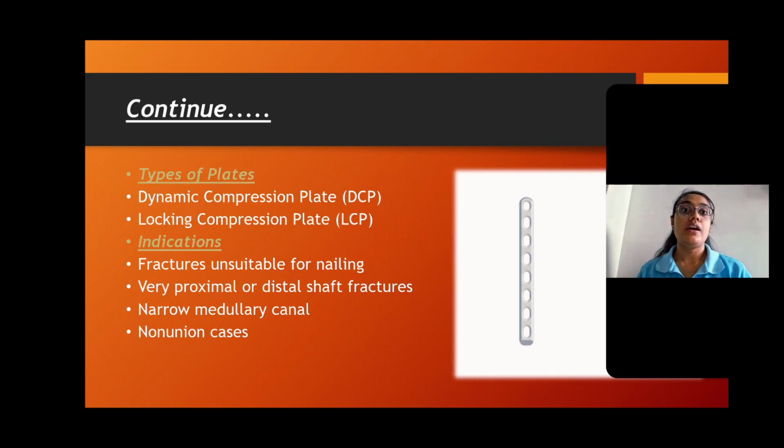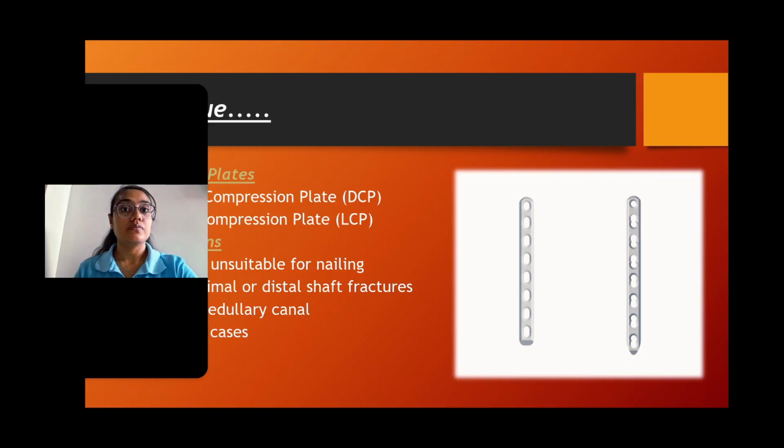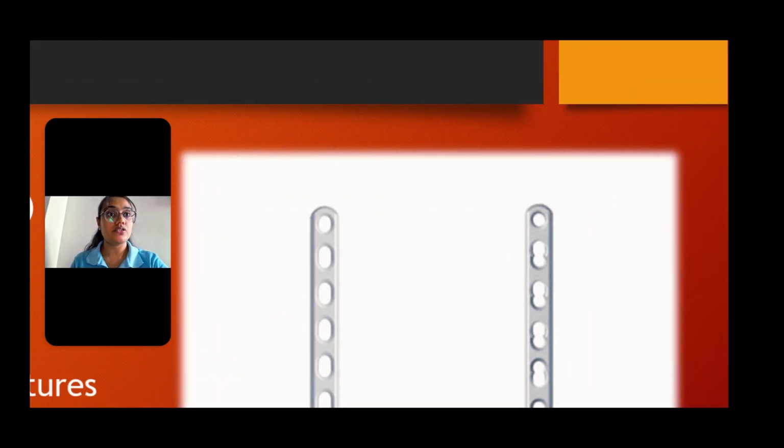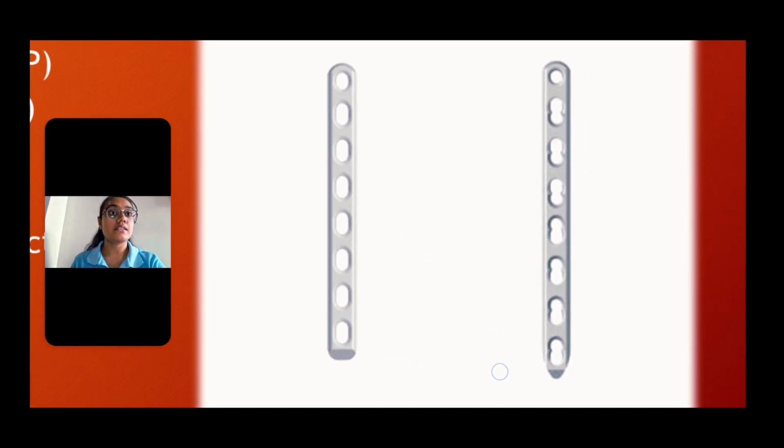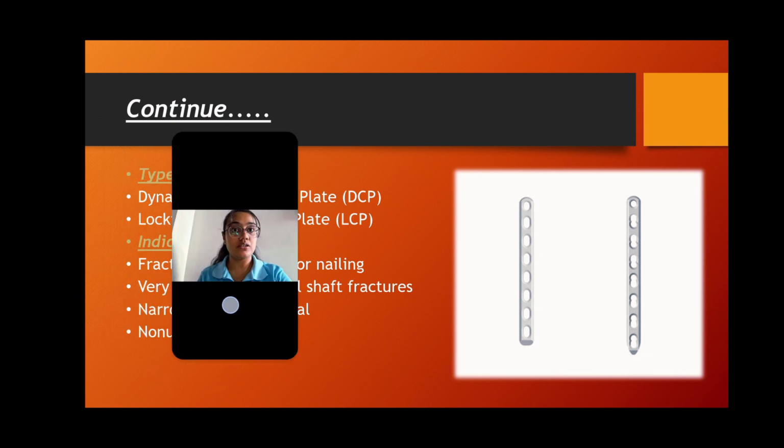We have two types of plate: dynamic compression plate and locking compression plate. You see this is the dynamic compression plate. The first one is the dynamic compression plate and the second one is the locking compression plate.